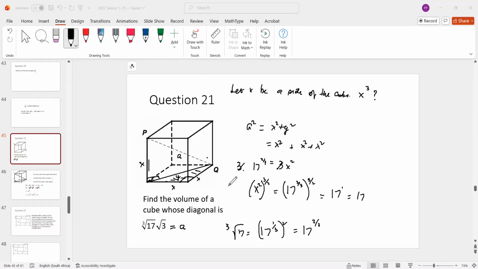And on the left-hand side, I've got X cubed. And that is what you're looking for. So the volume is 17. Okay, that just involves a little bit of calculation, but it's an interesting calculation which gives you a nice answer at the end.